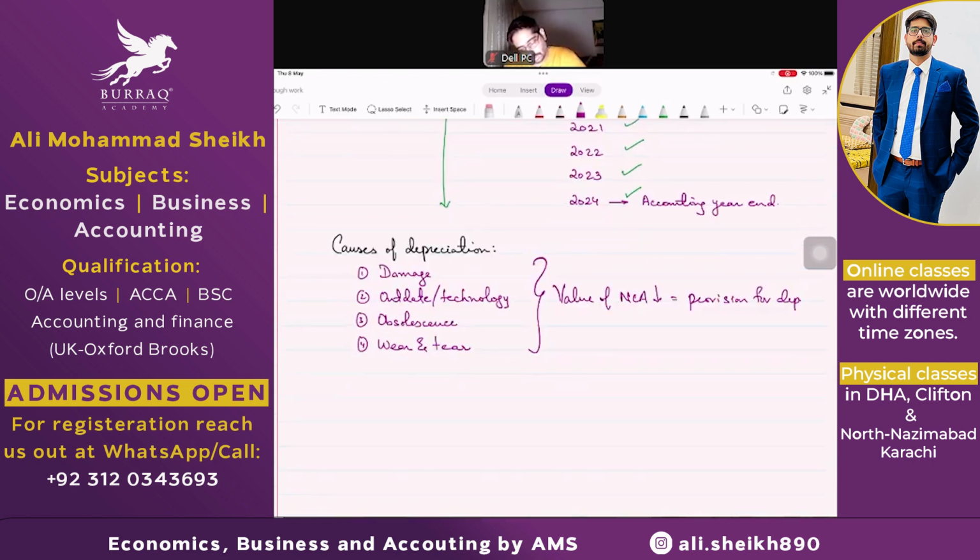When the value of a non-current asset is reduced, we charge it as an expense in the income statement of our financial statements. Always charge depreciation as an expense because the non-current asset loses value over time. To cover that loss, you charge it as a provision, and provision is an expense of a non-current asset. I hope it's clear to all of you.